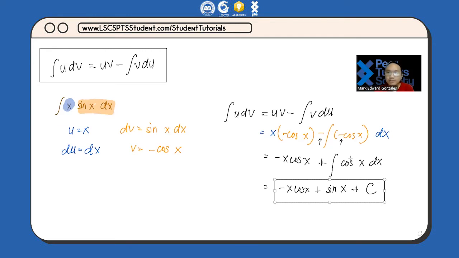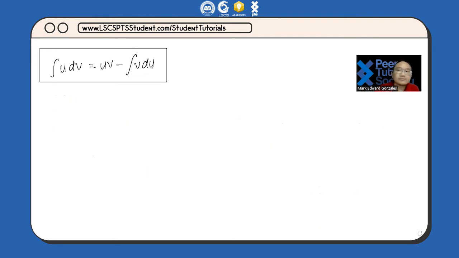You can pause the video to give it a try. And we proceed to the next example. So for the next example, let us consider the integral of x ln x dx. Which one is u? Which one is v? Again, I might sound like a broken record, but it is a matter of trial and error with a little bit of luck, or let's call it intuition, and loads of experience and practice.